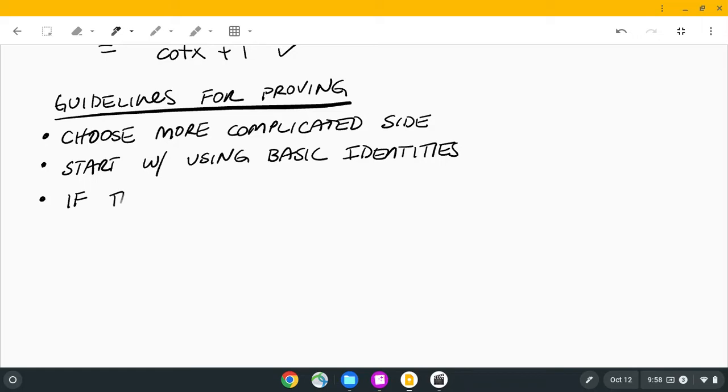If there are squares, like cosine squared, sine squared, tangent squared, secant squared, and or ones, try using the Pythagorean identity.